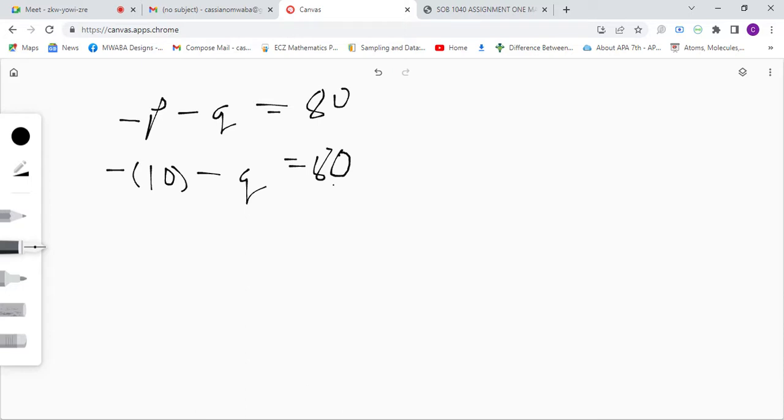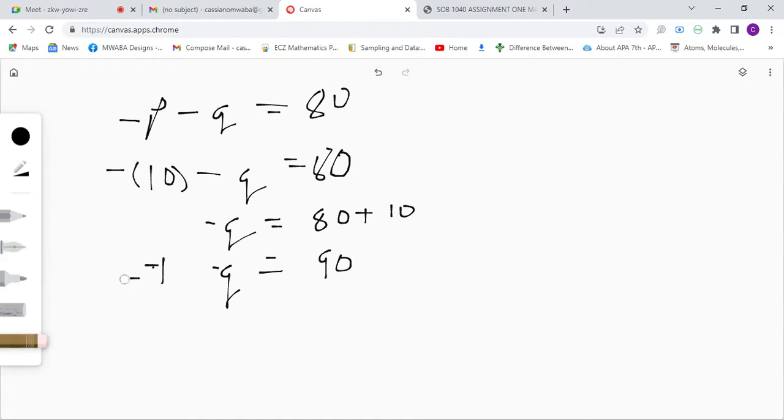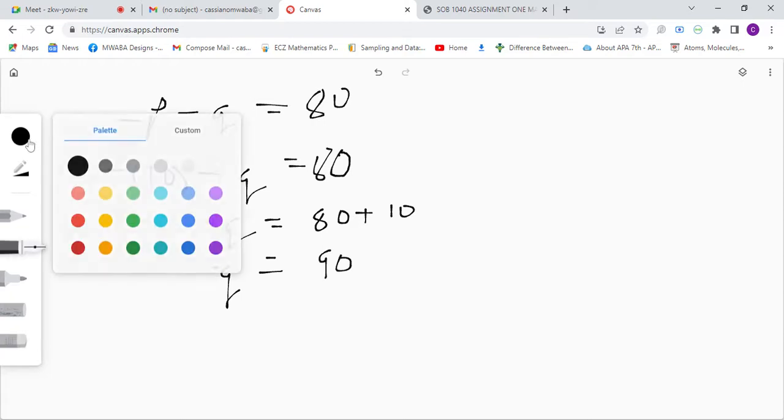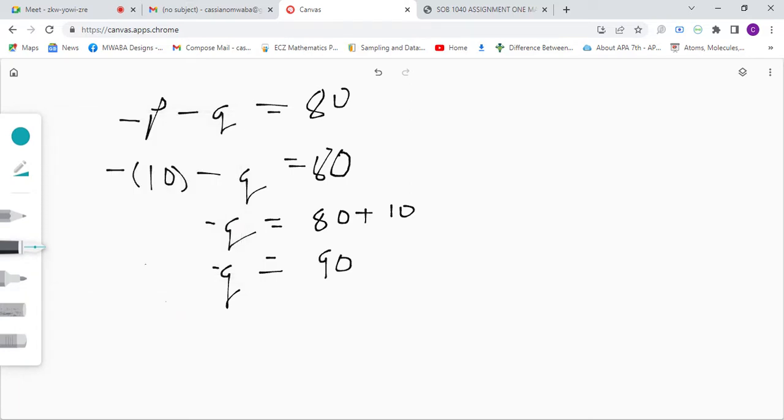So negative Q equals 80 plus 10, so negative Q equals 90. Then to make it positive, we multiply by negative 1. So Q equals negative 90.